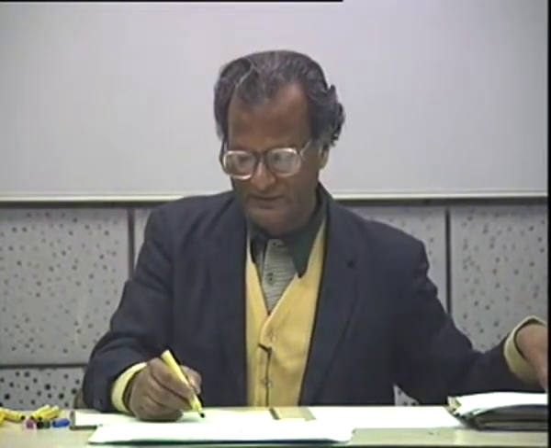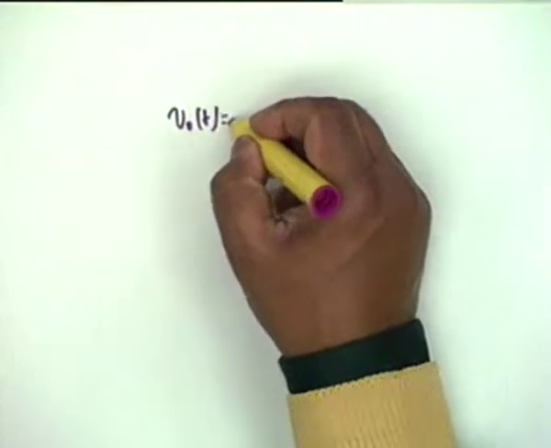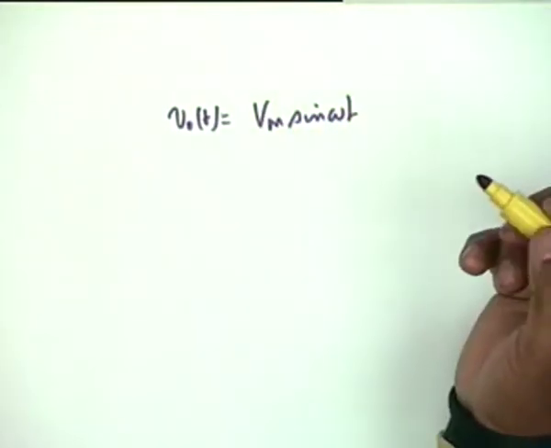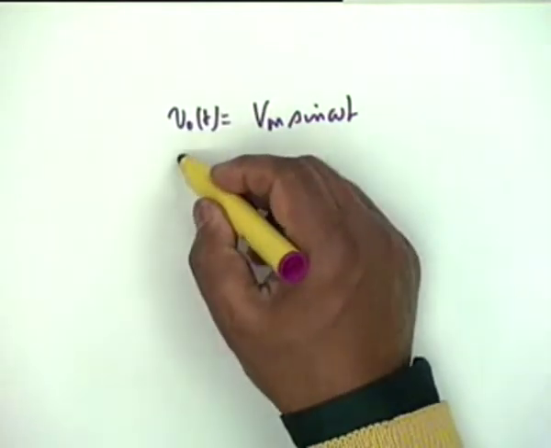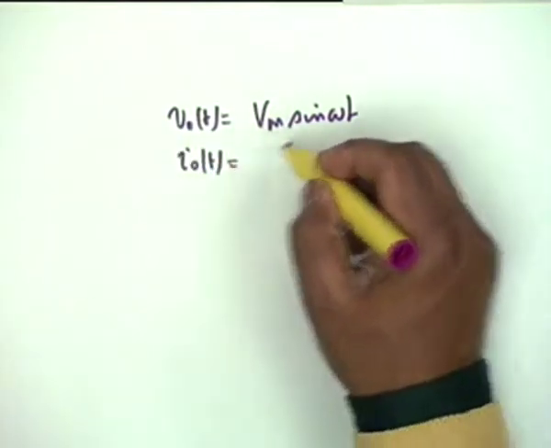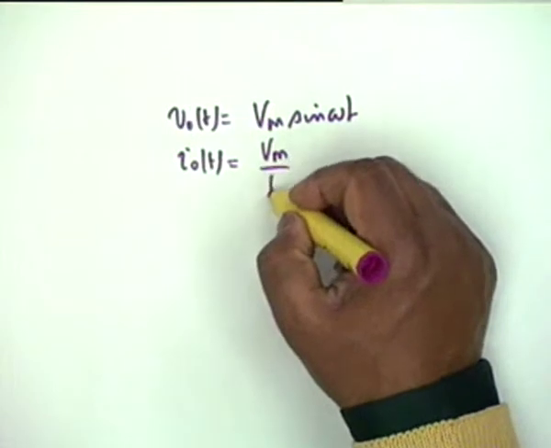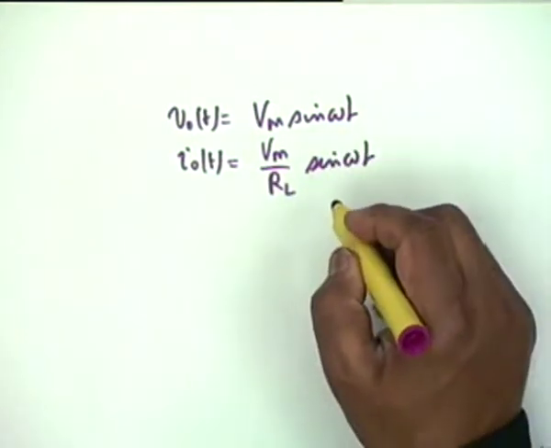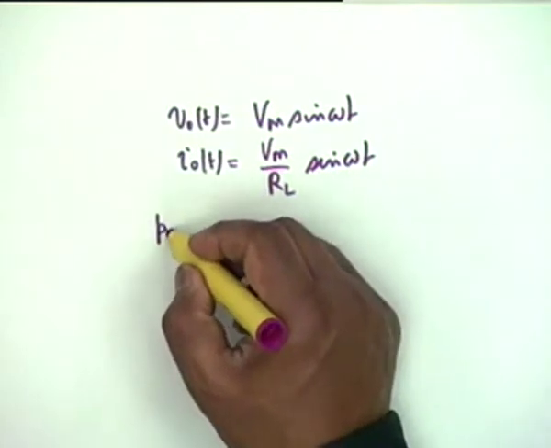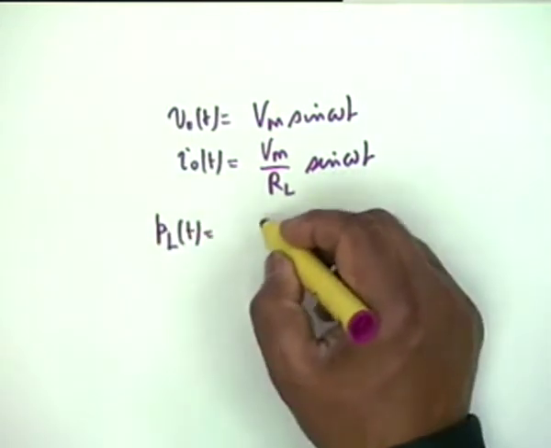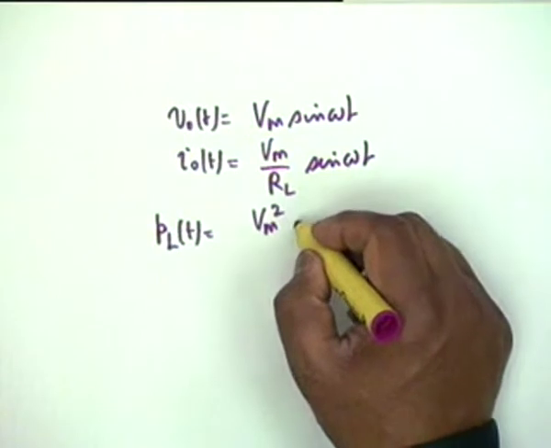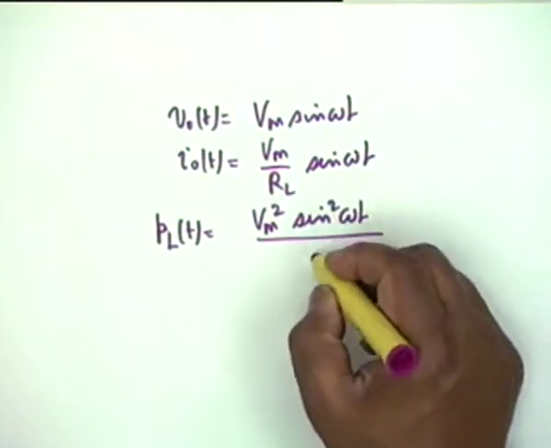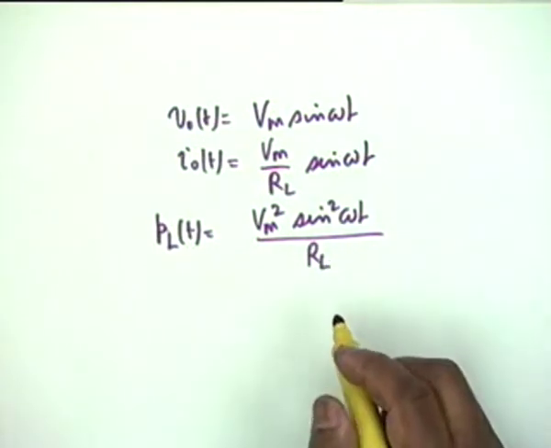Suppose V0(t) is Vm sine omega t. All right. Then I0(t) would be equal to Vm by RL sine omega t. It's a resistive load. Agreed? So PL(t) would be simply Vm squared sine squared omega t divided by RL.